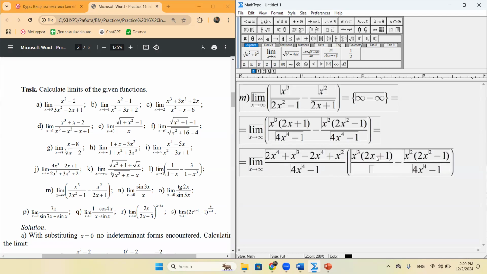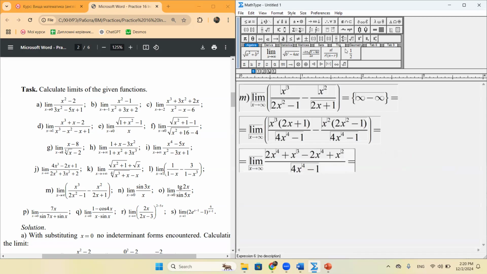So let's check once more. So this part is correct. Then minus 2x in power of 4 plus x in power of 2. So correct.